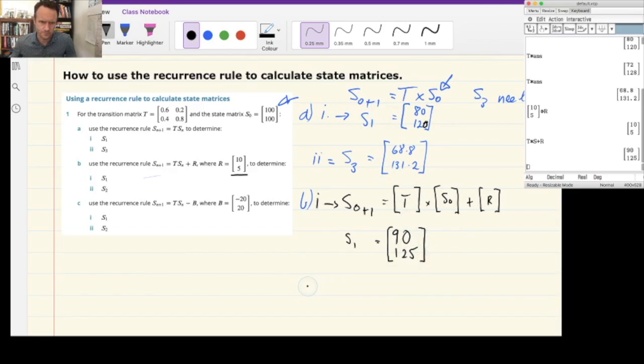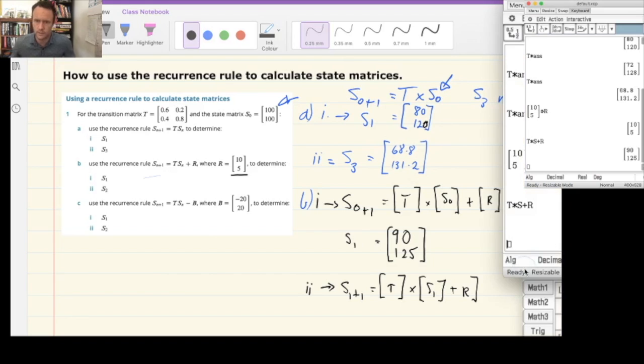Number 2, part 2, we're going to do S1 plus 1 is going to give us S2, and that's equal to T times S1 plus R again.